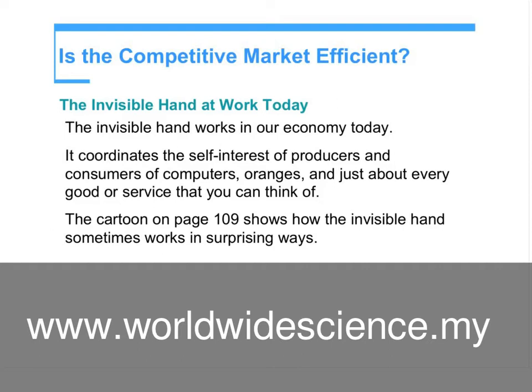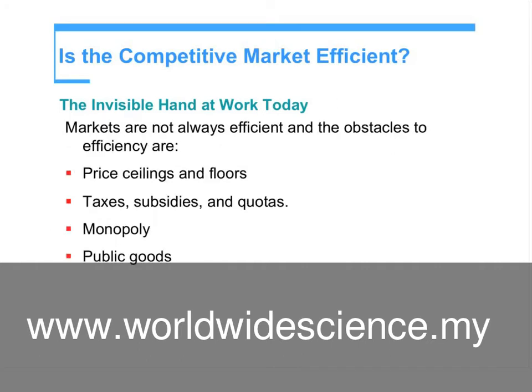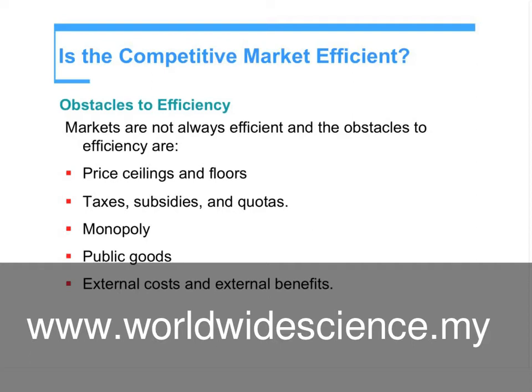Basically, a price ceiling is the maximum price. A price floor is the minimum price that the suppliers are willing to accept. Taxes, subsidies and quotas are mostly the government's ways to intervene in the market, and then monopoly and all that. Public goods are those goods that are open to the public.